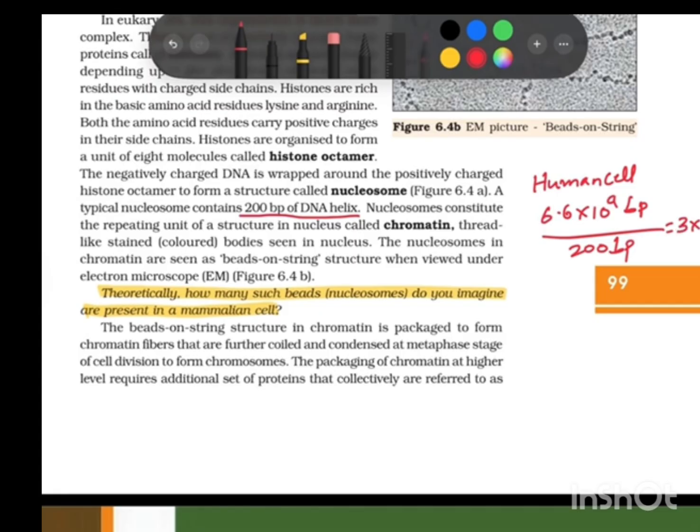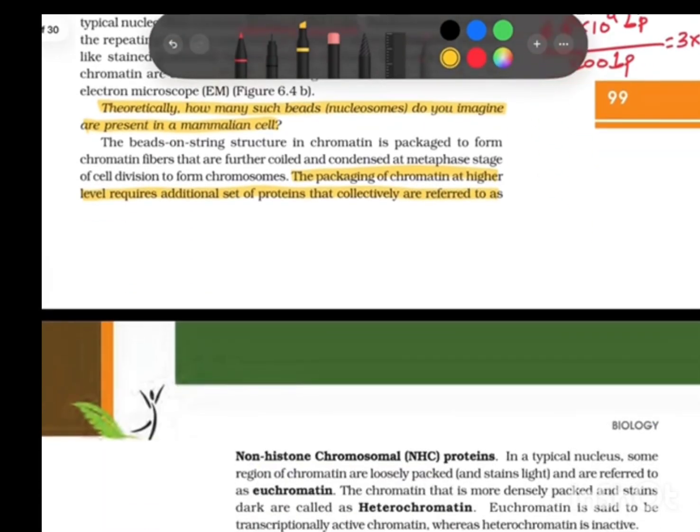And here, the packaging of chromatin at a higher level requires an additional set of proteins that are collectively referred to as non-histone chromosomal proteins. At higher levels these are required, but in eukaryotes, not only at higher levels, at all levels, both the proteins, histones and non-histones, are needed.